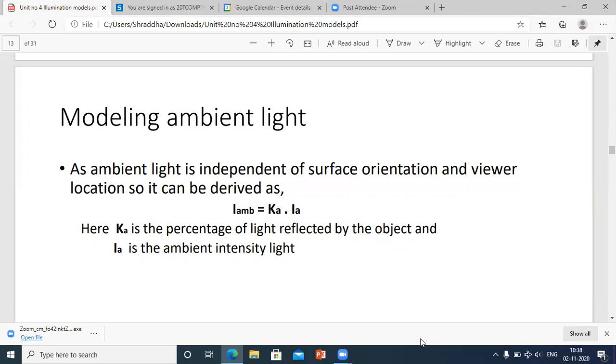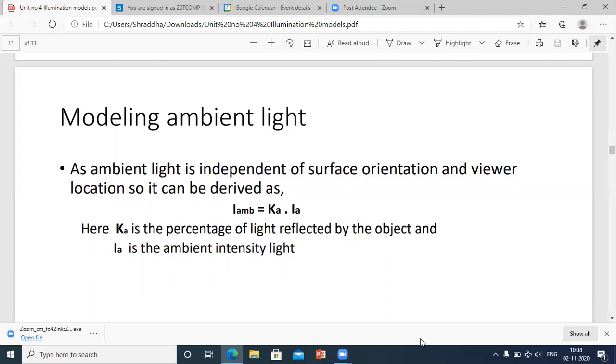Then how is it derived? It is derived as I ambient equals Ka dot Ia. Here Ka is the percentage of the light that is reflected by the object.